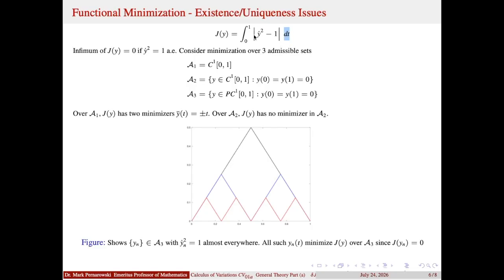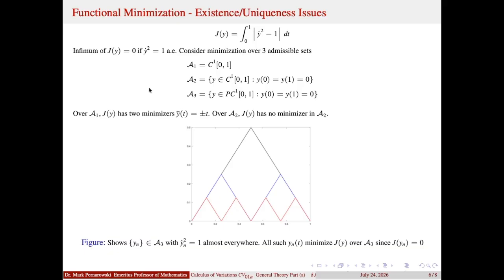It's pretty clear that if I'm integrating the absolute value of anything, the smallest that J could be is 0. That would happen when this integrand is equal to 0. In other words, J of y can attain its infimum of 0 if y dot squared is equal to 1 almost everywhere. That's what this statement here says.